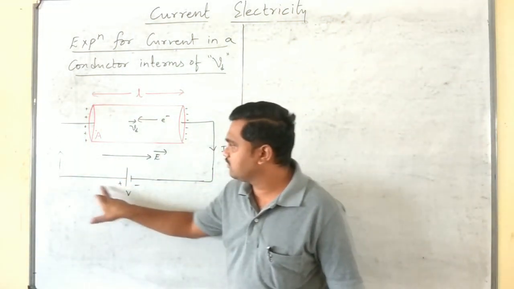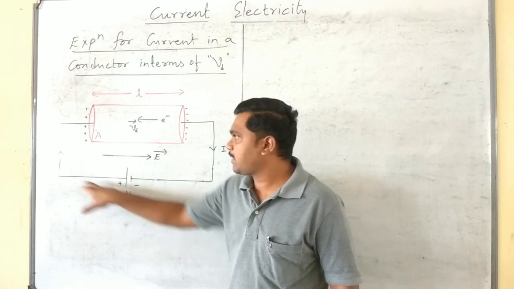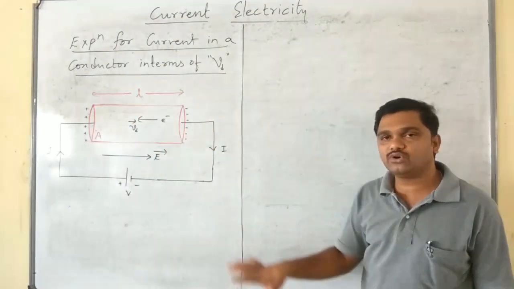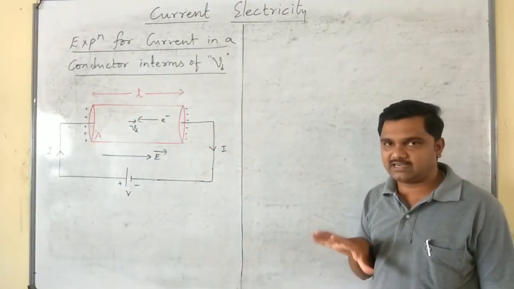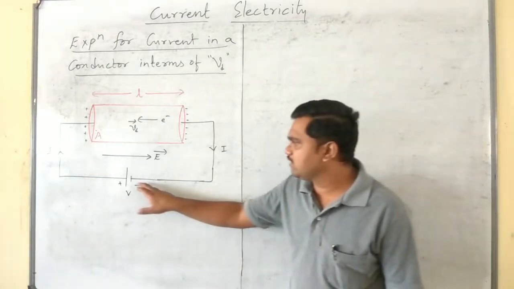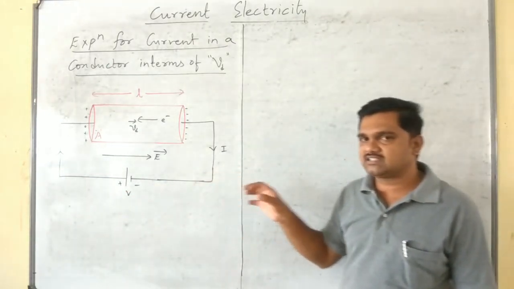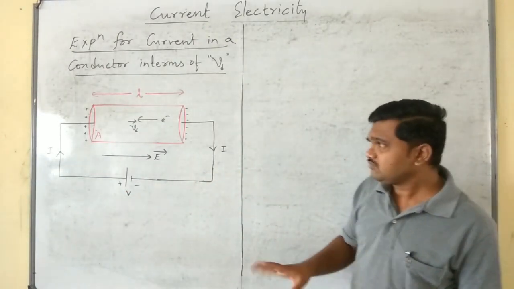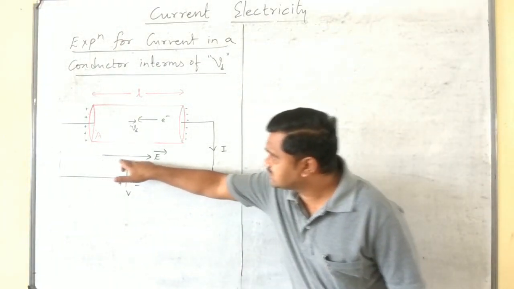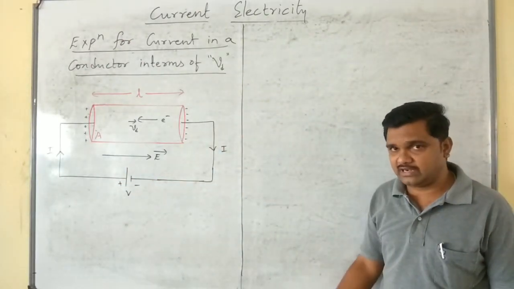The direction of conventional current is from the positive terminal of the battery to the negative terminal outside, but inside it will move from negative to positive. Let us discuss about it later. Anyhow, this is the direction of the applied electric field.